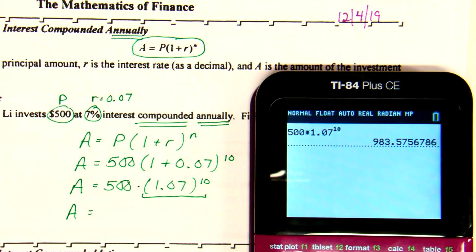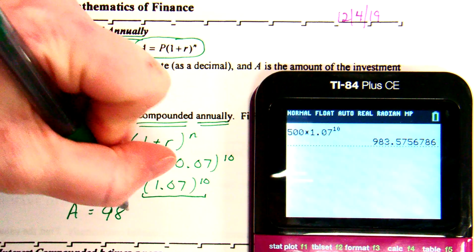Does your answer match mine? Yep. What kind of answer should you give? Yeah, it's money, right? 2 decimal places.